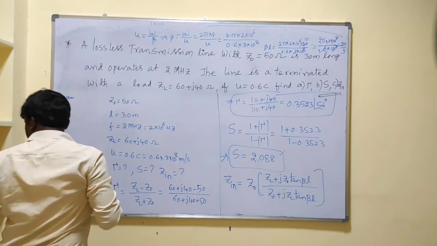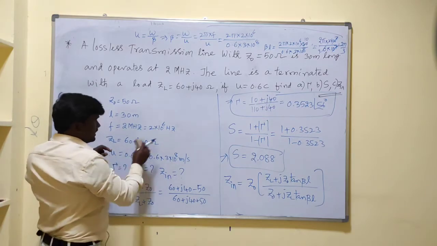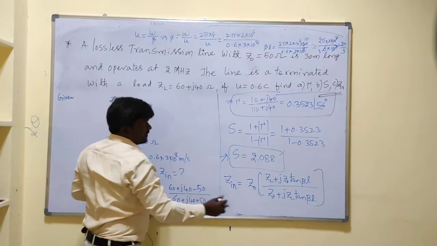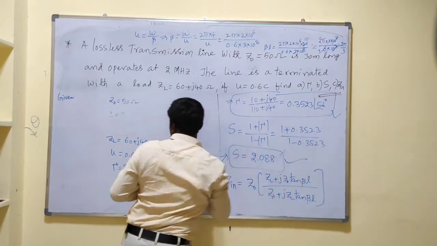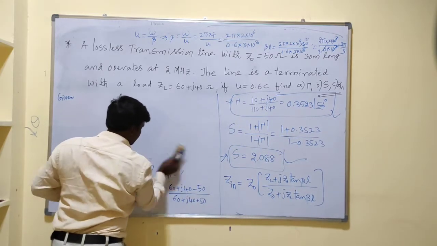So the calculation of gamma and S is over. Let us move on to the calculation of Zin.